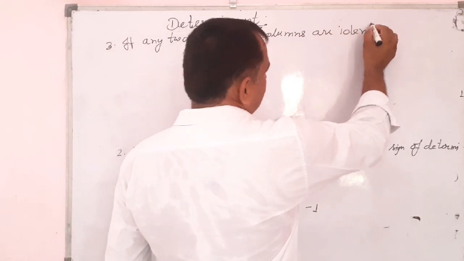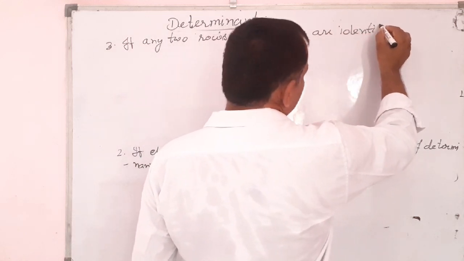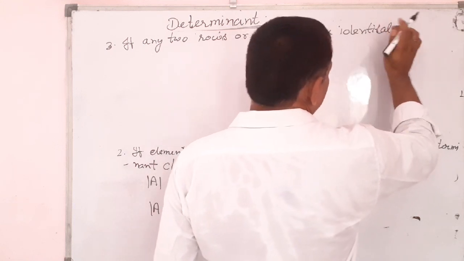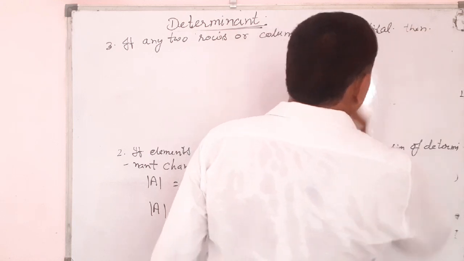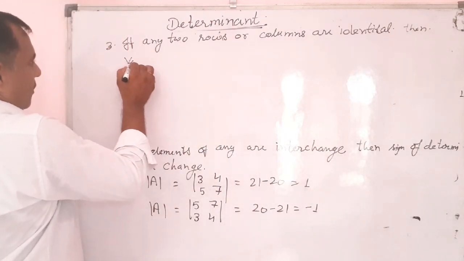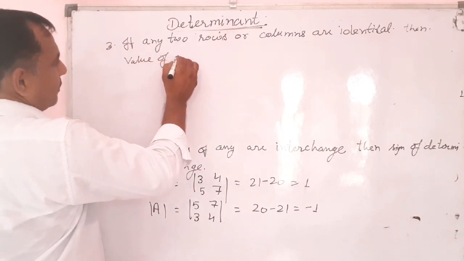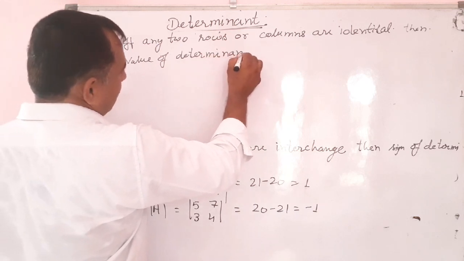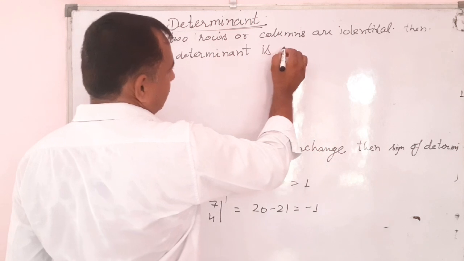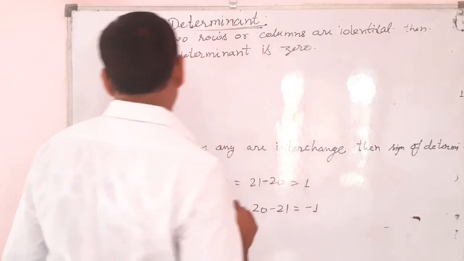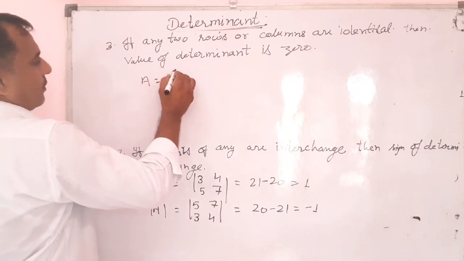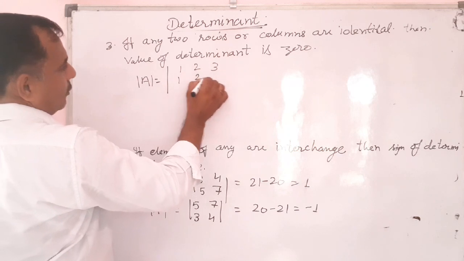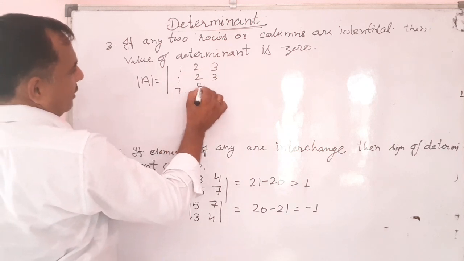Determinant A is 1, 2, 3, 1, 2, 3, 7, 8, -2.